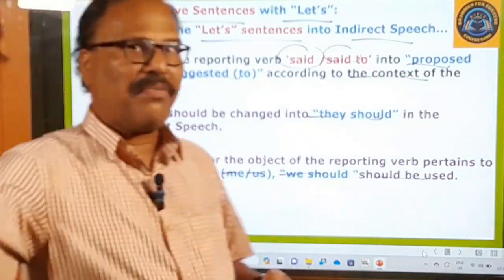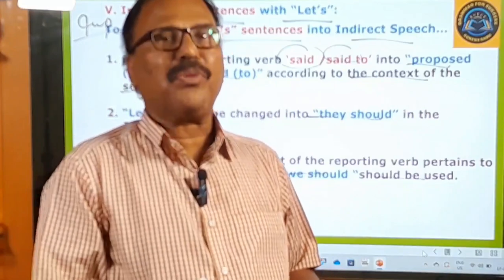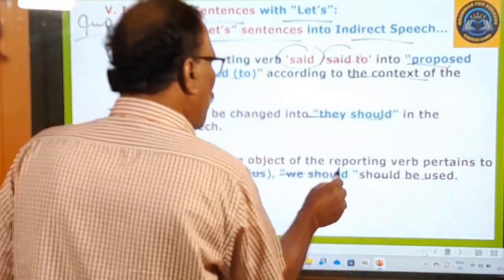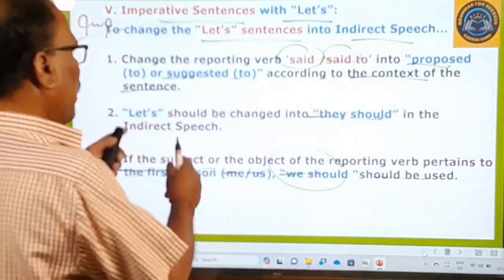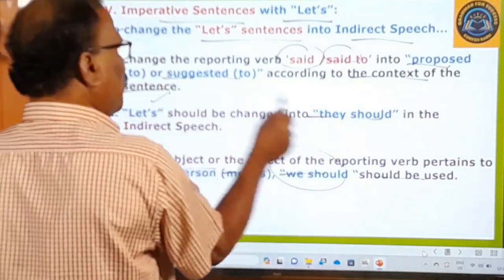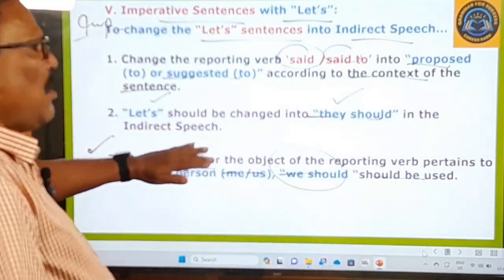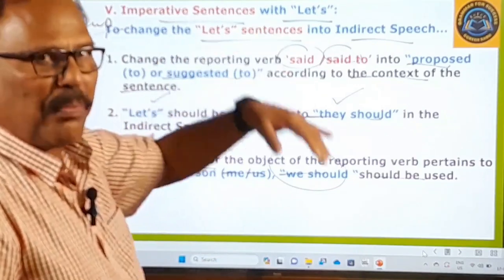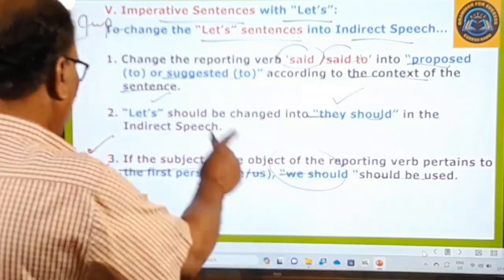If the subject of the reporting verb or the object of the reporting verb pertains to the first person singular or plural, what should we do? We should use we should. Otherwise, if the sentence begins with let's, we should use they should. If the reporting verb is preceded by the first person singular or plural or followed by first person singular or plural, then we should use we should. Okay, this point you have to understand.